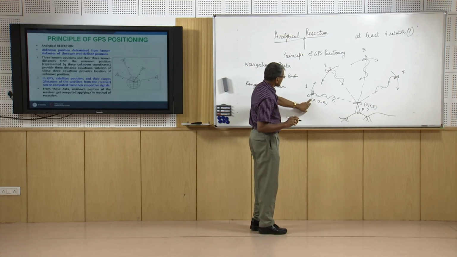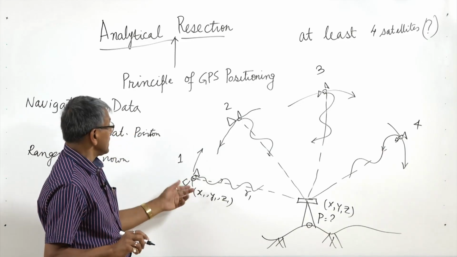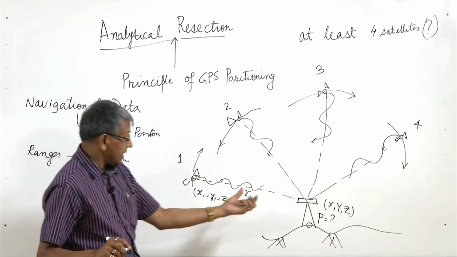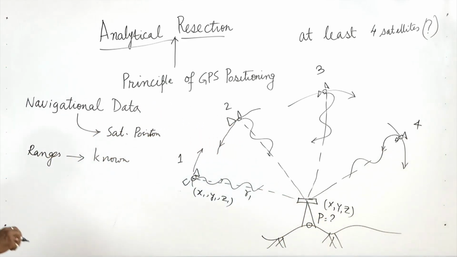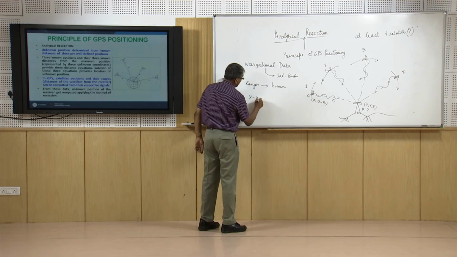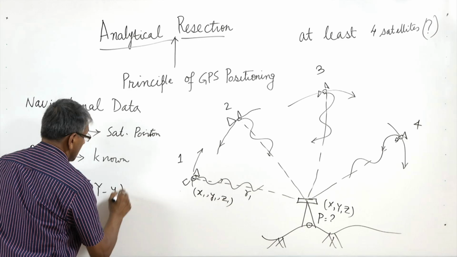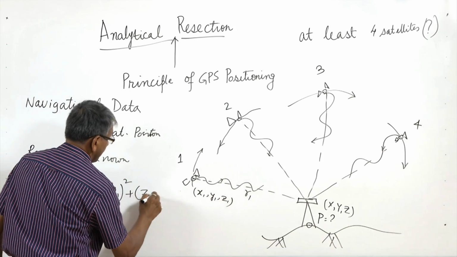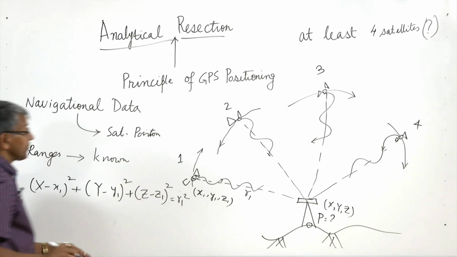Now, if x1, y1, z1 is the location of satellite number 1 and x, y, z is the unknown position, from the distance equation we can write an equation like this.